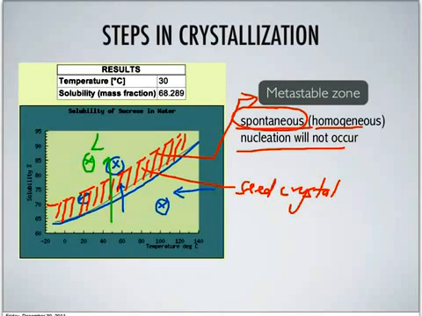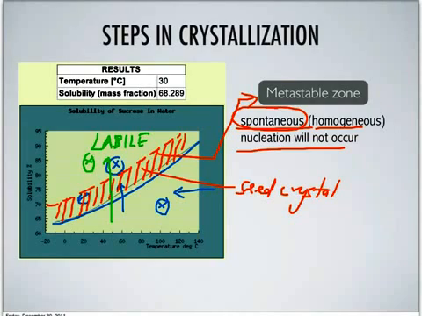This is called the labile zone. In the labile zone, the supersaturated solution is in a non-equilibrium state and very unstable, so it will try to crystallize to go into a lower energy state.